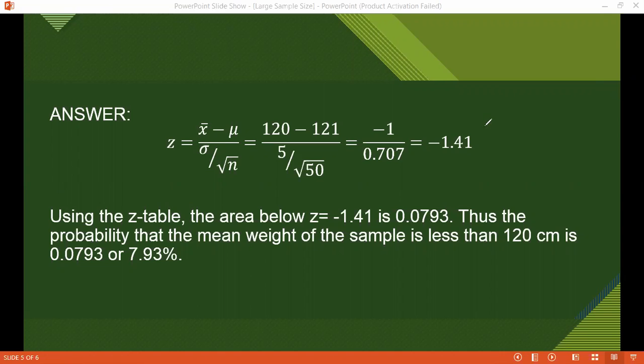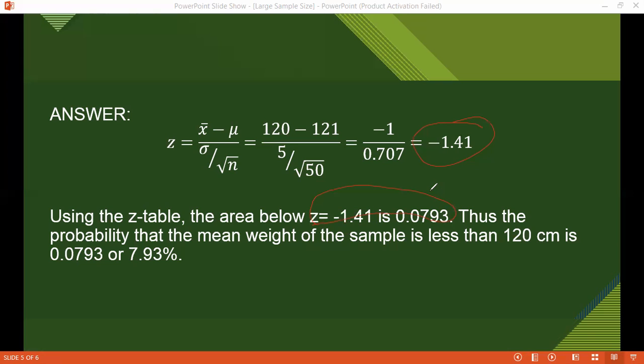Remember that our value of z is equal to negative 1.41. And if you want, you can pause this video and check or verify whether my answer is correct. Using the z table, you have z equals negative 1.41 is equal to 0.0793.